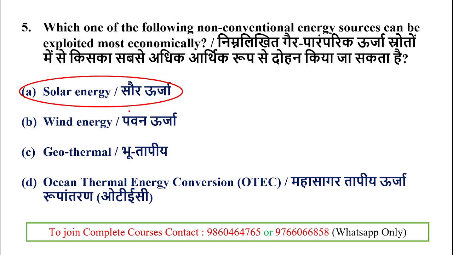Clear? That is solar energy. We can get it everywhere, it is most economical, very exploitable and non-conventional. That is the main point: non-conventional energy that is mostly economically exploitable.